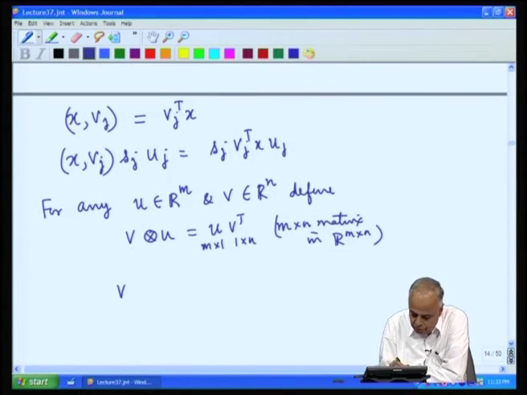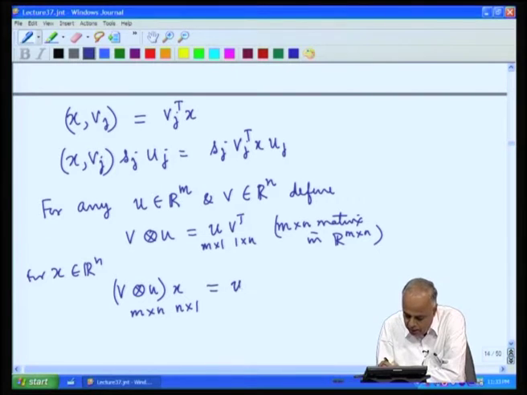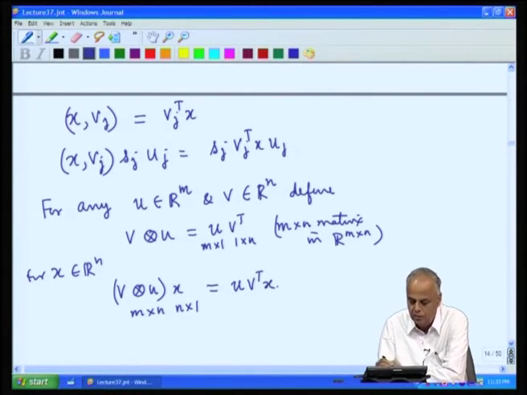And now, if we take x in R n, v tensor u is a matrix multiplying x. This is an m by n matrix, and this is an n by 1 vector. I should get an m by 1 vector. v tensor u applied to x is u v transpose x.